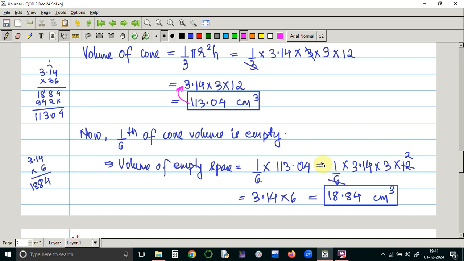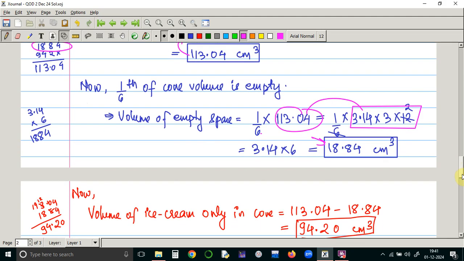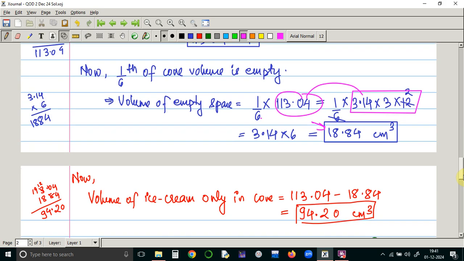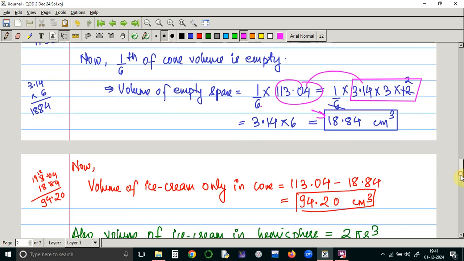I have replaced this by its one step before calculation. Now this cancels and I got 3.14 into 6. I have multiplied it here, so you can see that it is also multiplied over here. I just wrote it directly, 18.84. This much is the empty space.